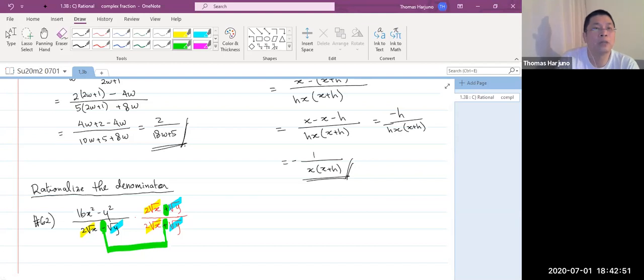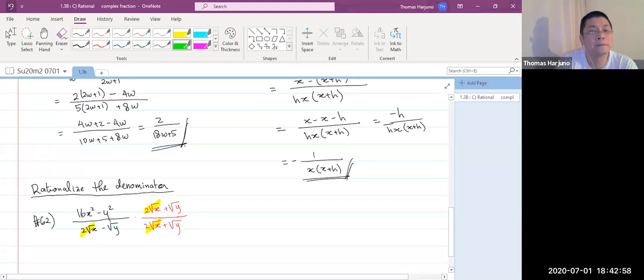Okay, let me delete the colors. It's quite distracting. That will give us 16x squared minus y squared times 2 radical x plus radical y.